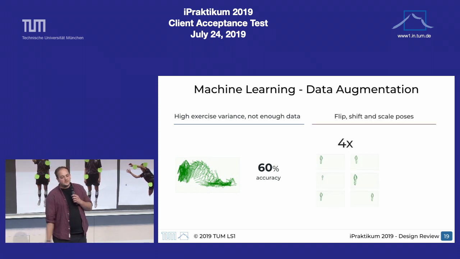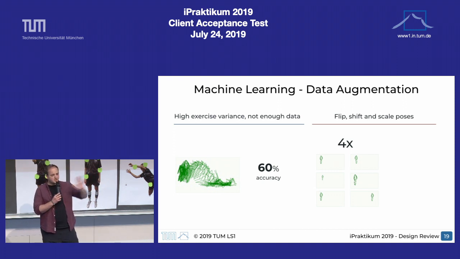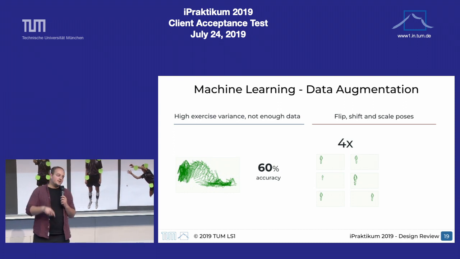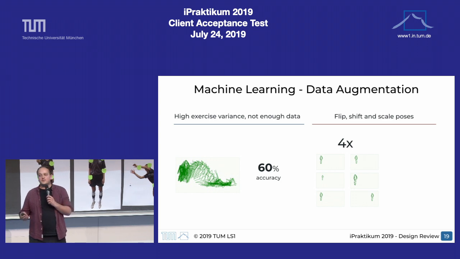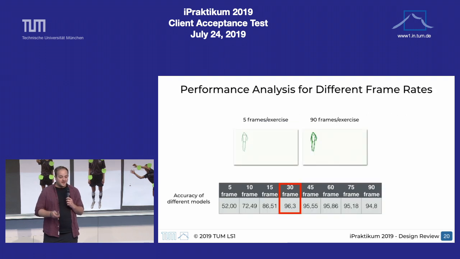So we used different data augmentation techniques, like flipping the images, shifting them randomly, or scaling them bigger and smaller. After these techniques, we could increase our data set by a factor of 4. So we had 4 times more data, retrained our model on this data set, and could improve our model to 90%. Great, right? Till we faced our next problem.